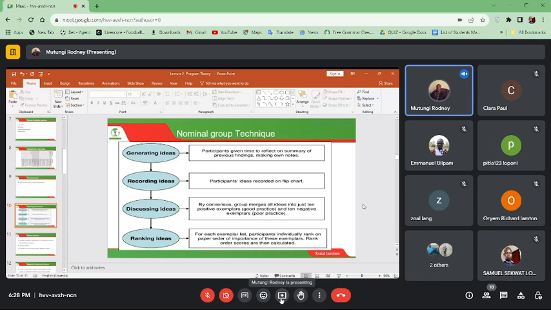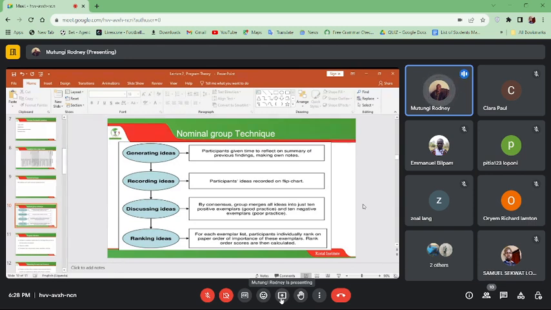So in this case, you want to involve them in generating the ideas, or these themes that we can ask ourselves on, and then you record them so that everyone is satisfied that their idea has been captured. You discuss them, and you put them in categories.